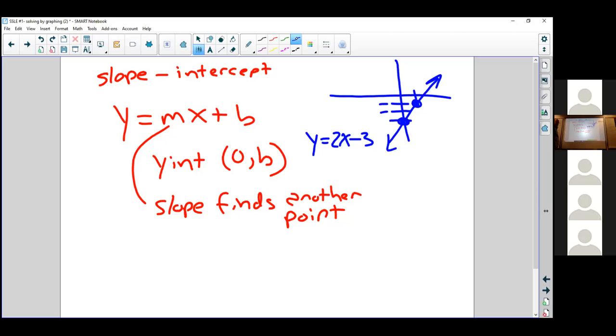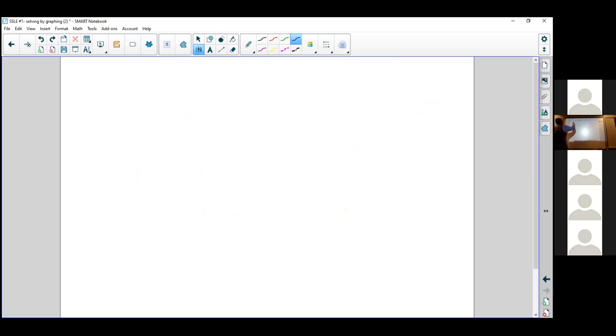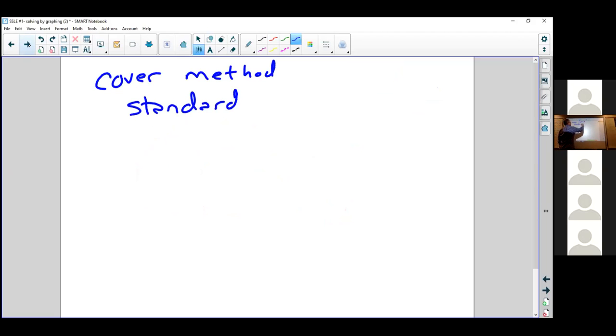Can I move on? So this is like all last semester. The next one, we called it the cover method. The cover method is when it is in something called standard form, and standard form looks like this: ax plus by is equal to c.